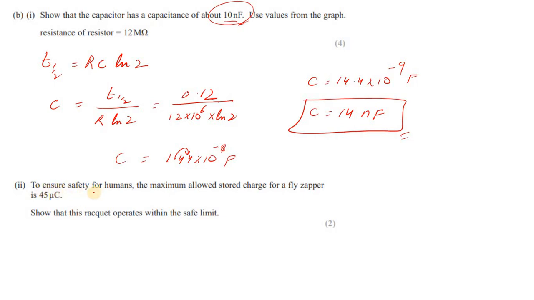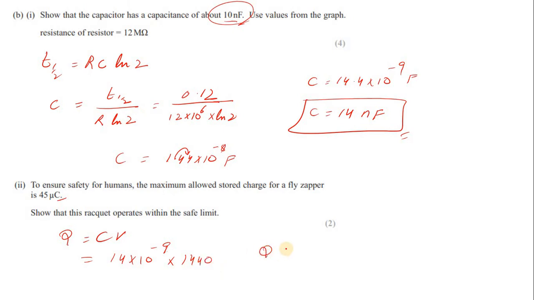To ensure safety for humans, the maximum allowed stored charge for the fly zapper is 45 microcoulomb. Show that this racket operates within the safe limit. So you just need to calculate the charge. Q is equal to CV. We have already calculated C as 14 into 10 to the power minus 9, and the voltage is 1440.